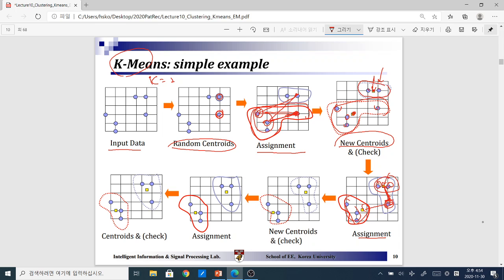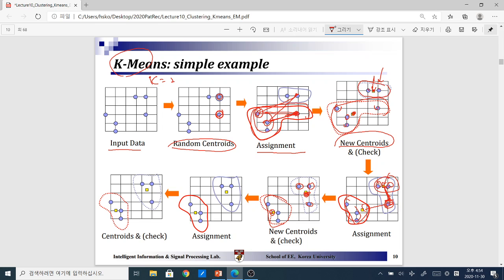And then at this point, once again, we compute the new centroids. So the new centroid of having these 3 samples happens to be right here, and similarly, this cluster's new centroid happens to be right here.